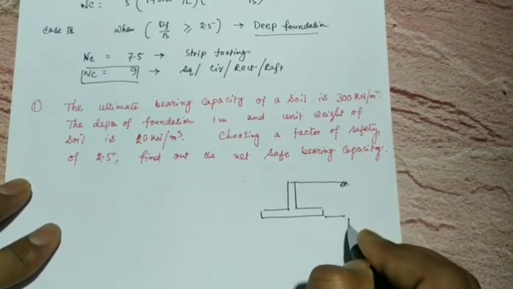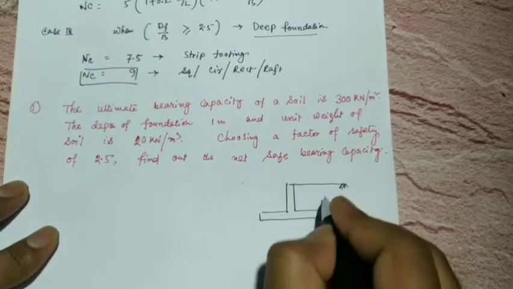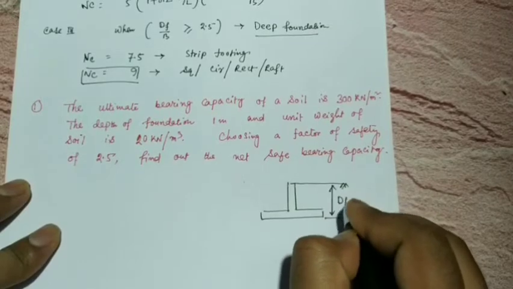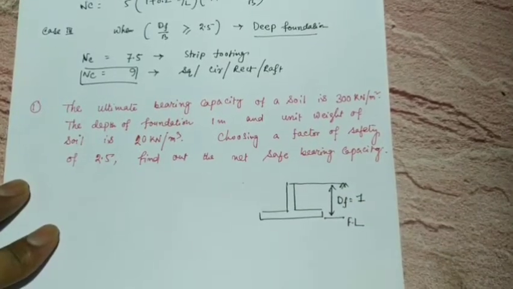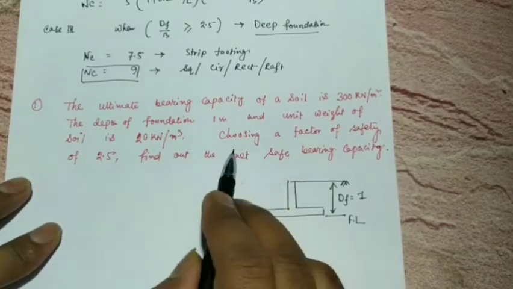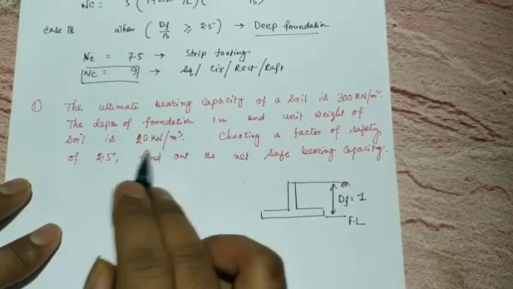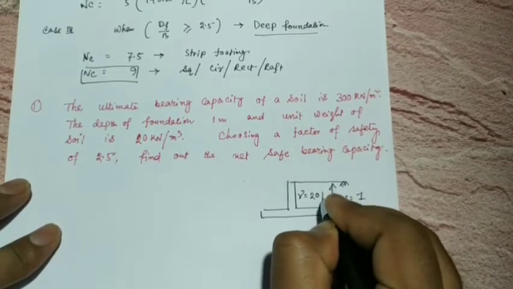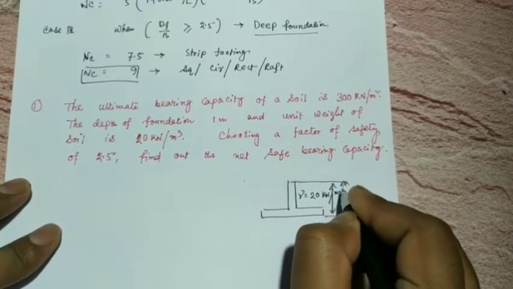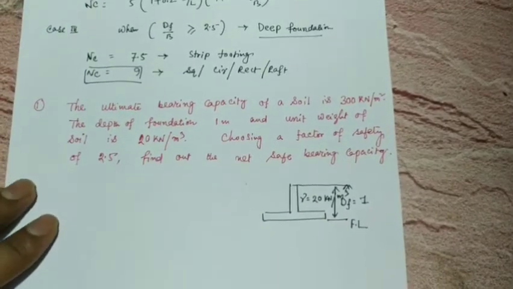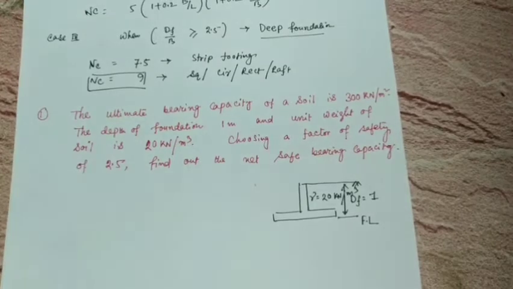That means Df is equal to 1. Unit weight of soil is 20 kilonewton, given. Gamma is equal to 20 kilonewton per meter cube. So factor of safety 2.5. You have to find the net safe bearing capacity.